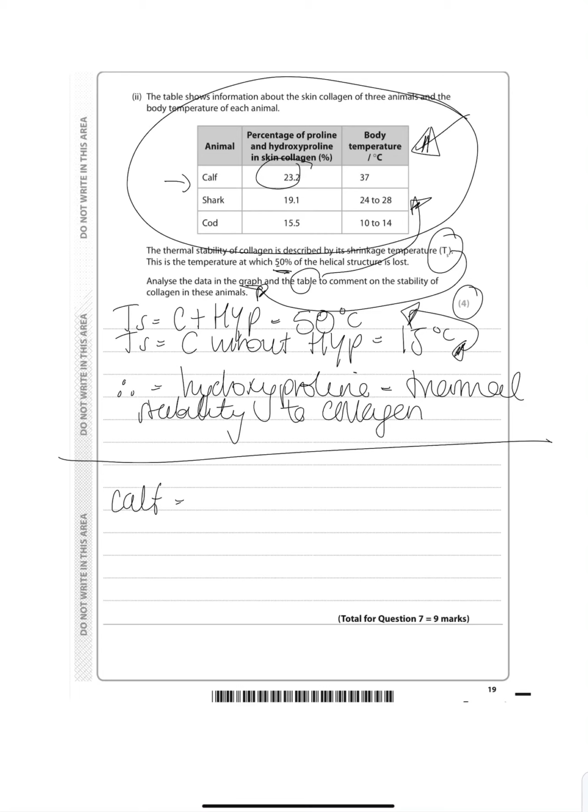So calf have the most stable collagen from the other 2 options, because it's got the most hydroxyproline percentage with the collagen. So therefore we know that hydroxyproline gives strength, gives thermal stability, and so we know that it will have the most stable. And well, what's the significance of this?